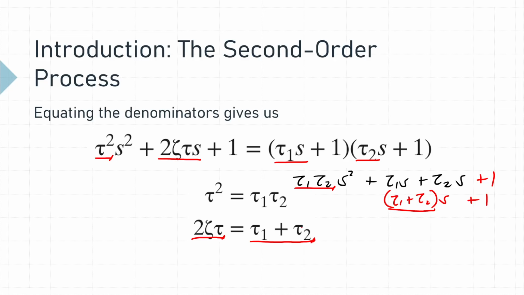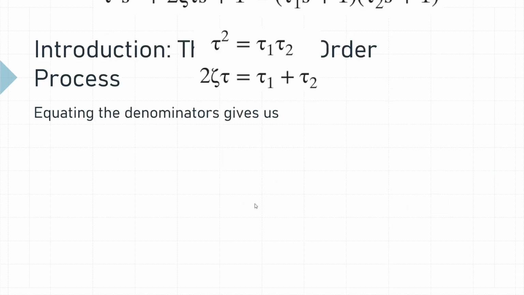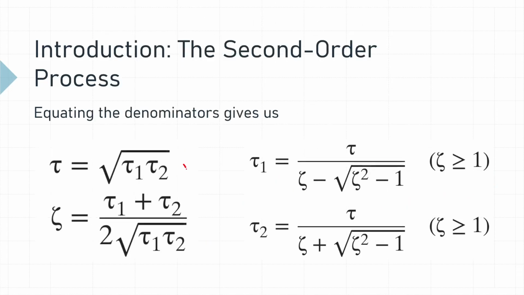All right, this could be further simplified. As you notice, we could get the value of tau from this first equation. We could find the square root of the entire equation to arrive at this specific expression. And simplifying, the value for zeta could also be taken from this specific expression.